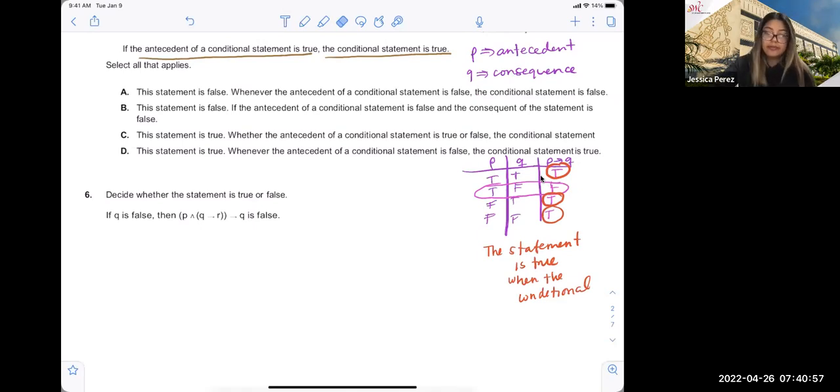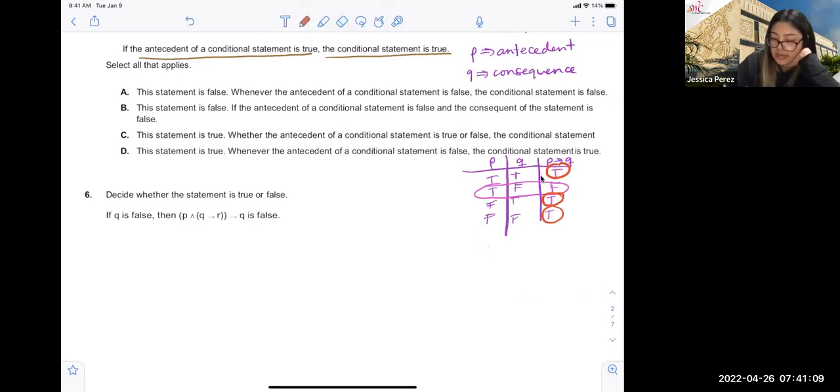My pencil is not working. Okay, now it is. So let's look at the possible choices. This one's saying the statement is false whenever the antecedent of a conditional statement is false. No, that can't be because we have that the antecedent of the conditional statement is true.